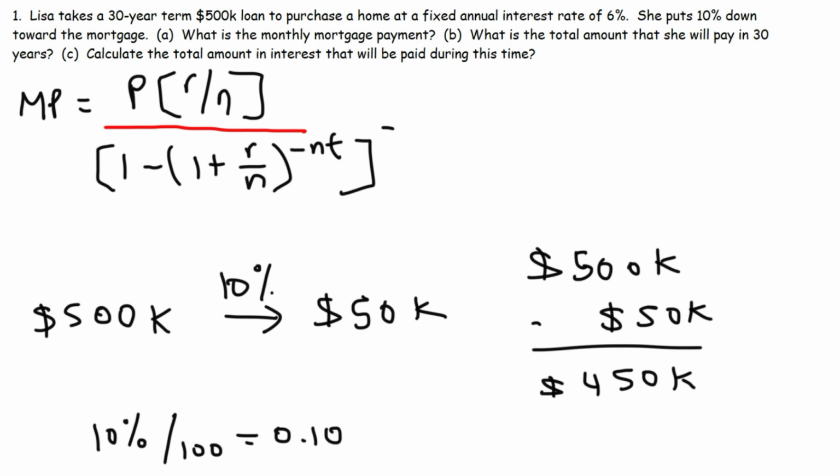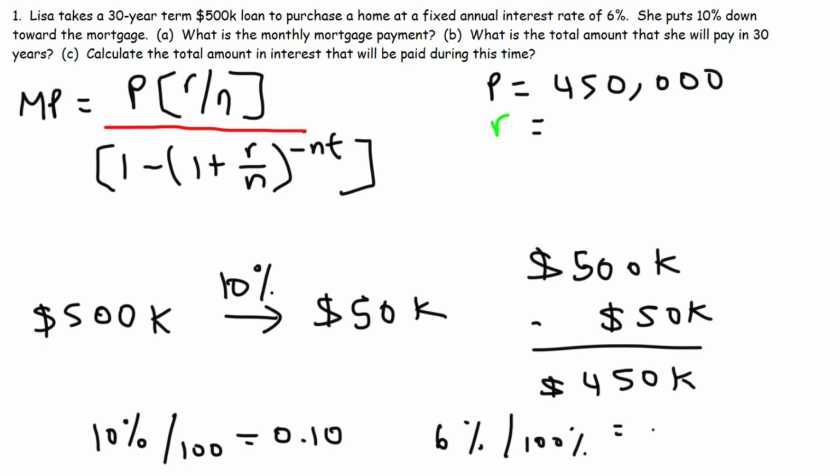Before we plug in our values, let's write down what everything equals. So P is going to be 450,000. R, the annual interest rate, that's 6%, but we need to convert that to a decimal. So 6% divided by 100, that's 0.06.